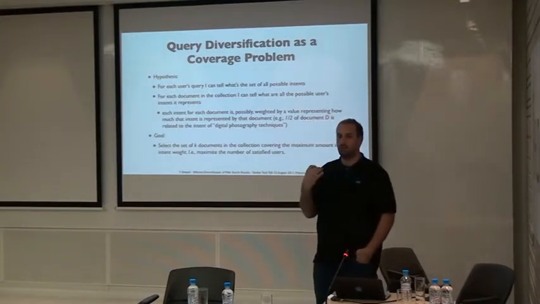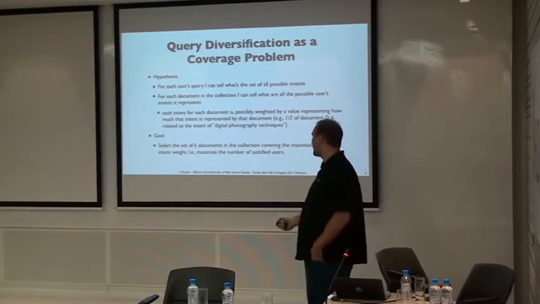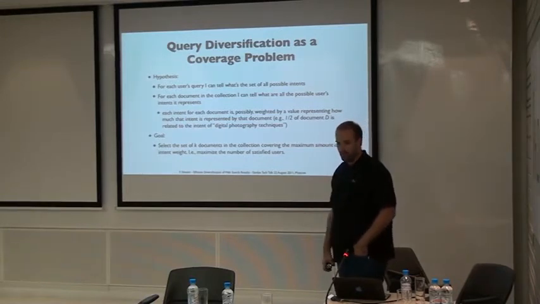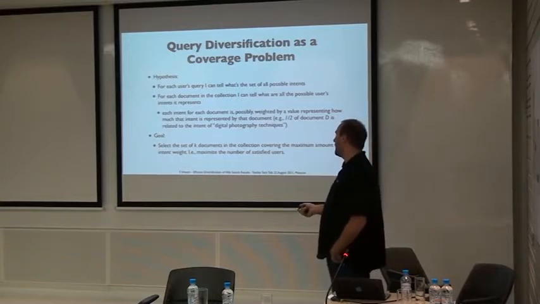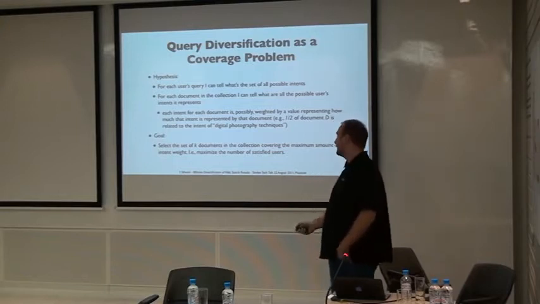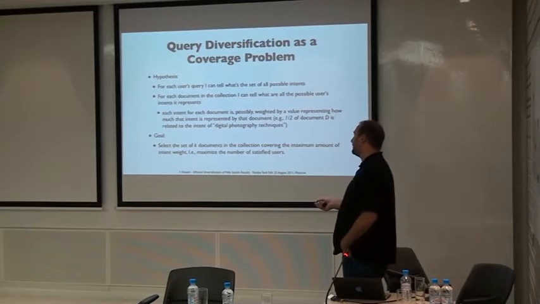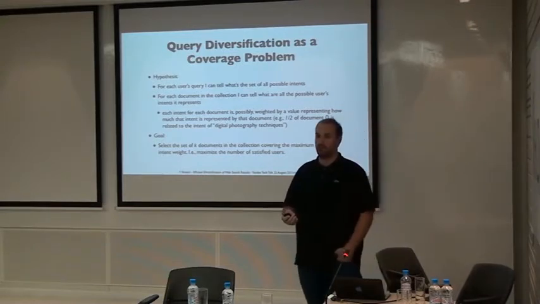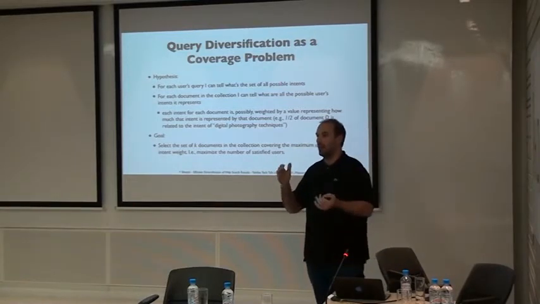So also for each document in the collection, you must know what kind of user intents the document might represent. So a document might be on, for instance, Vinci the company, or Leonardo da Vinci, or Vinci the town in Tuscany.